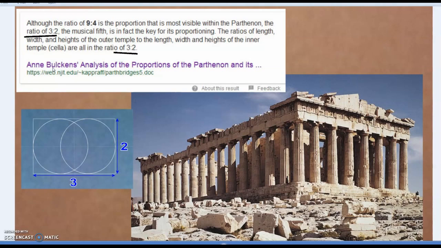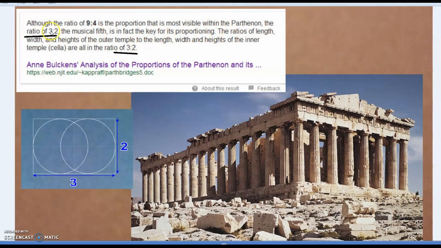It's not just 2 to 3 or 9 to 4 or the 4 to 3 ratio. But you'll see that although the ratio of 9 to 4 is a proportion that is most visible, so length to height and width to length, each part of a building, the whole or all the small parts, always come back to these harmonious proportions, very lovely geometric proportions.